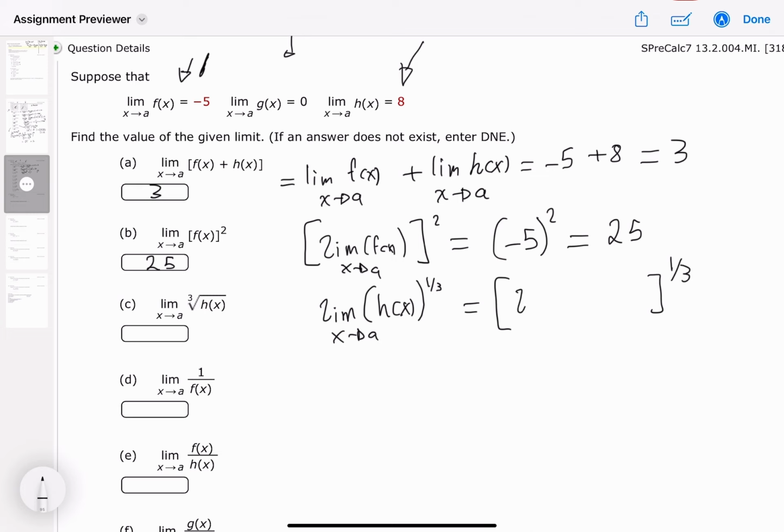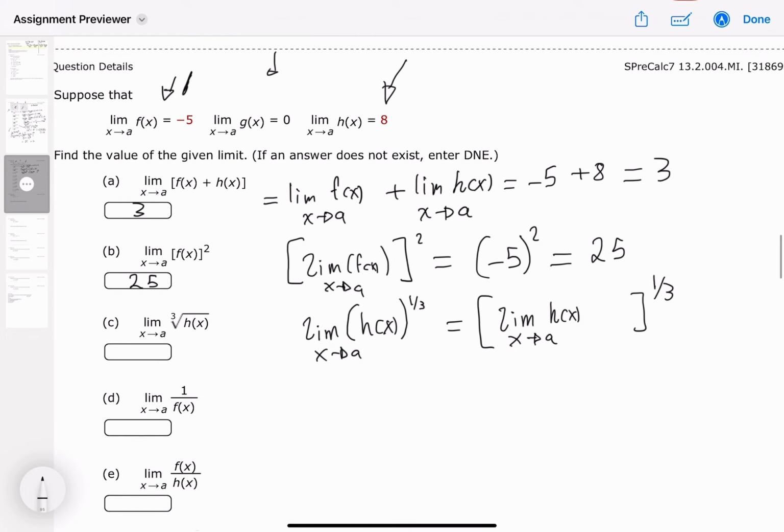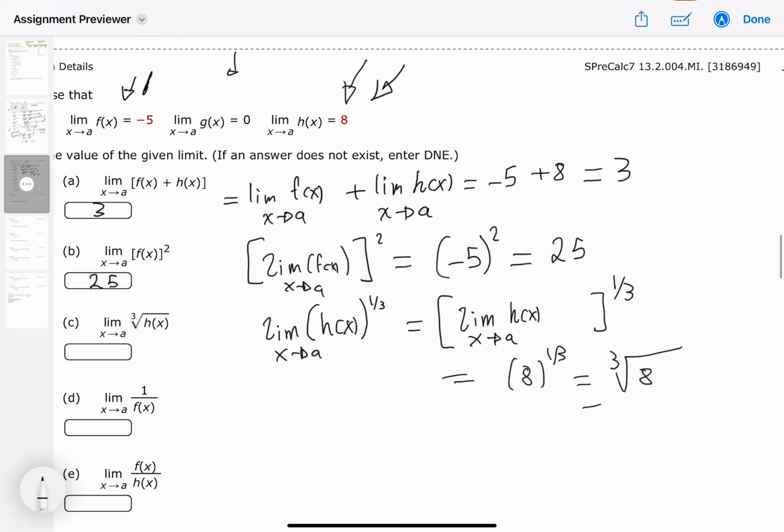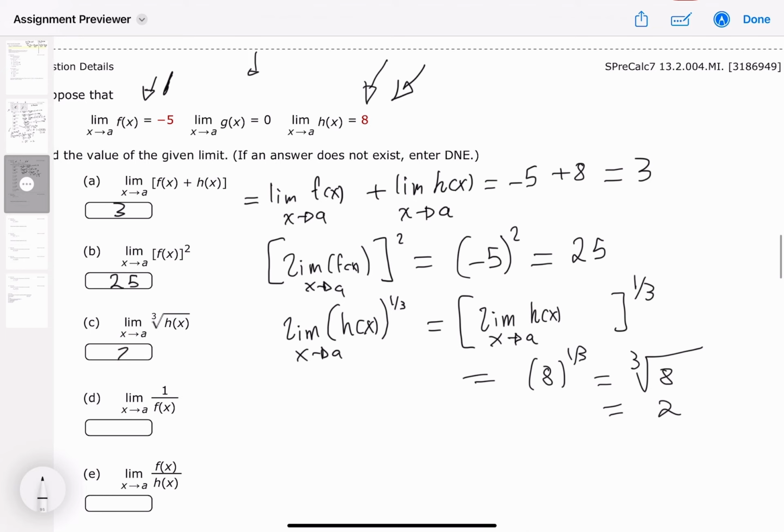And then inside I'm just writing the limit as x approaches a. Okay, and what is that? I have it here. That is 8. So I have 8 to the 1/3. But remember, a 1/3 exponent is just the cube root of 8. What is a number that multiplied by itself 3 times gives me 8? That is the number 2.